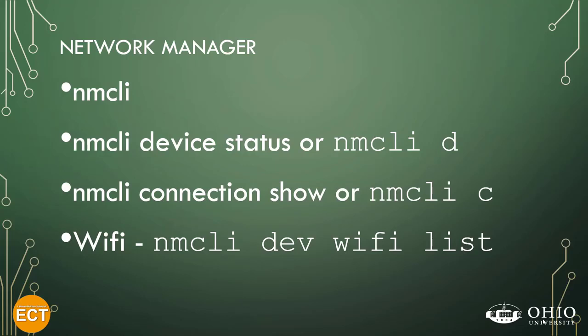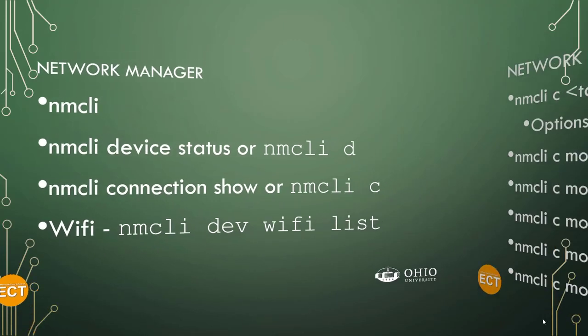And this last line, nmcli dev wifi list, if you have a working Wi-Fi card, will show you all the networks you can currently see and will help with connecting to that. It was one of the things I ran across while looking for information on nmcli: a lot of people had information about how to use nmcli to work with Wi-Fi cards, because in a command line environment, that can be very difficult.